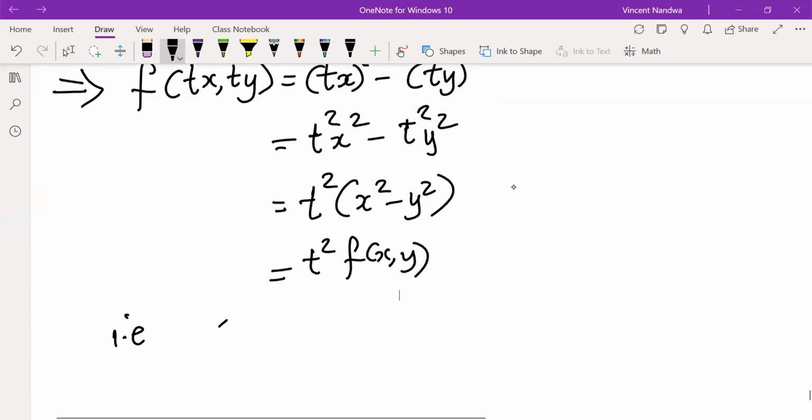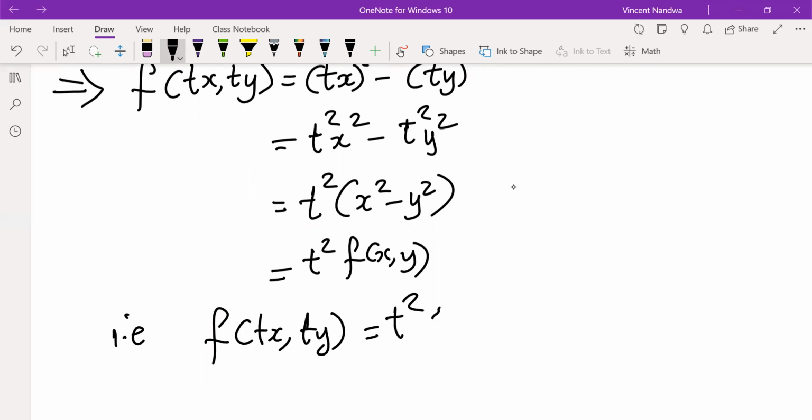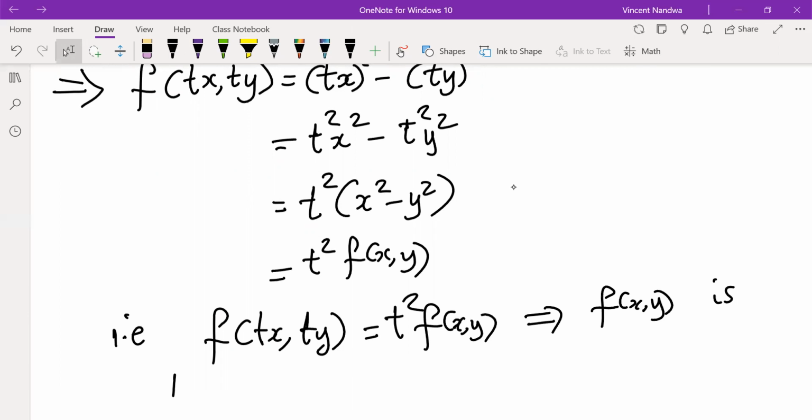So this implies that f of tx, ty is t squared f of xy, which implies f of xy is homogeneous of degree 2.